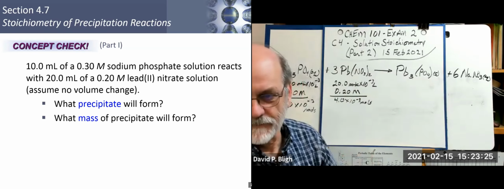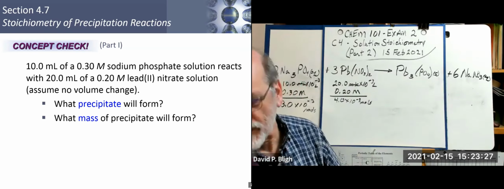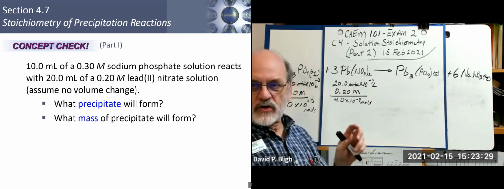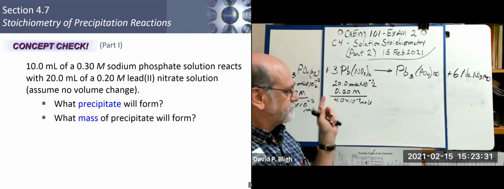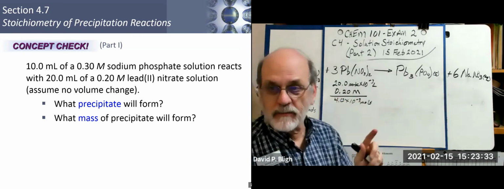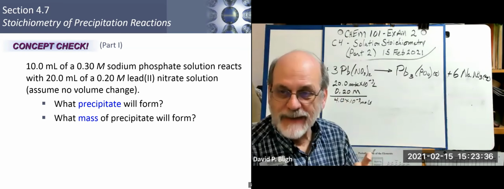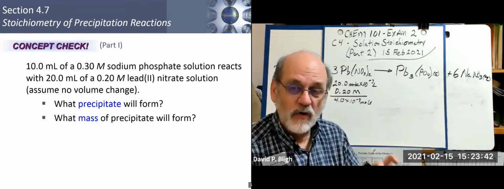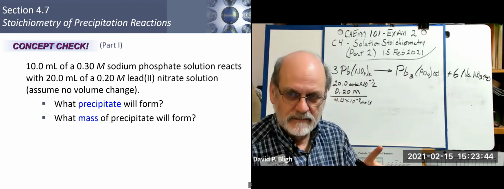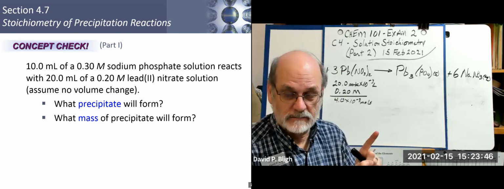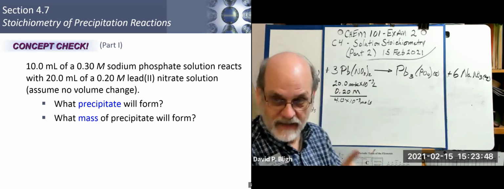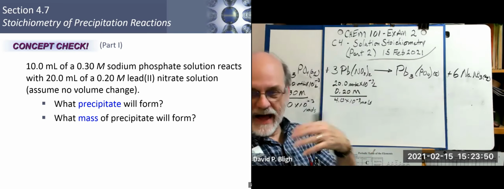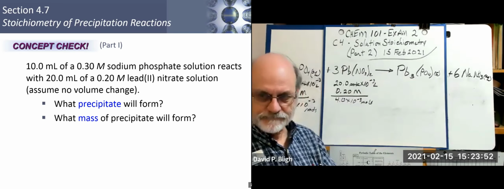Except when you have two reactants in which the problem gives you exact amounts of each one, what should that mean to you? That means one of them is limiting. One of them's going to run out, right? And that's the case. So how do we determine which one's limiting?